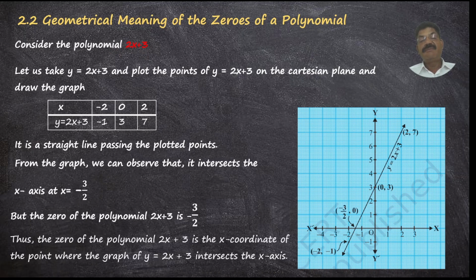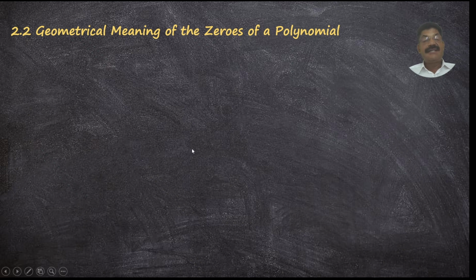What do we infer from that? If k is a 0 of a polynomial, then the corresponding graph cuts the x-axis at k. This is the geometrical meaning of zeros of a polynomial. Now you can generalize it.